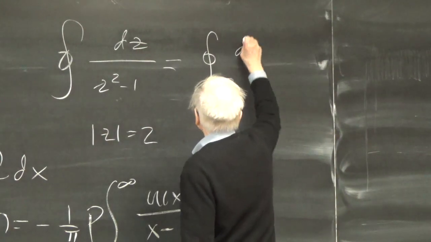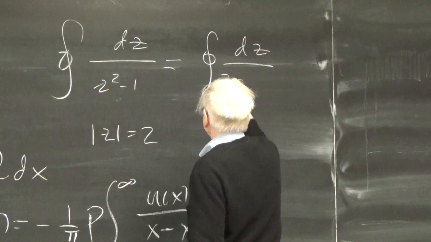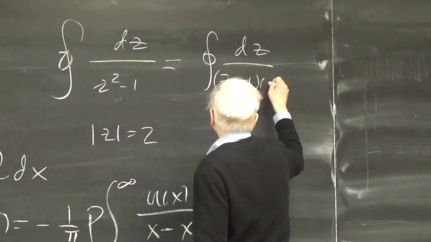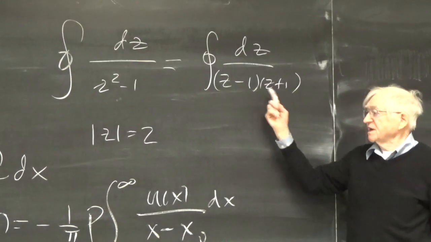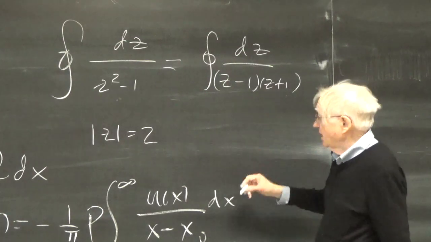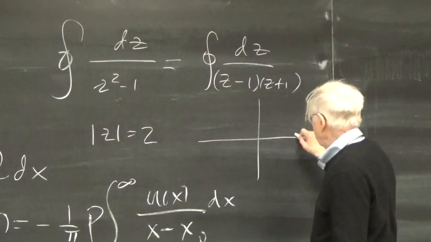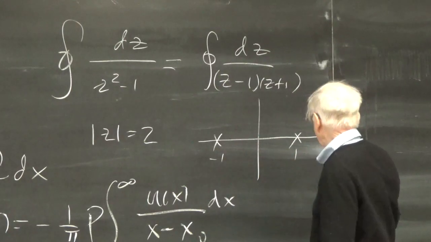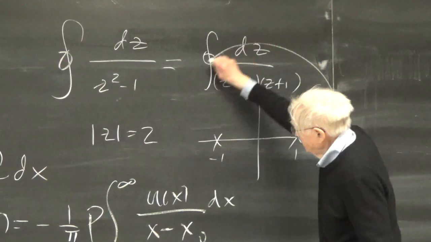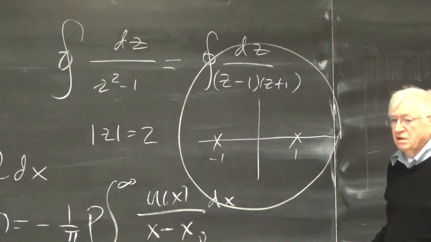So you have dz over (z minus 1)(z plus 1). So this thing has poles here and here, 1 and minus 1, but we're integrating over this circle.